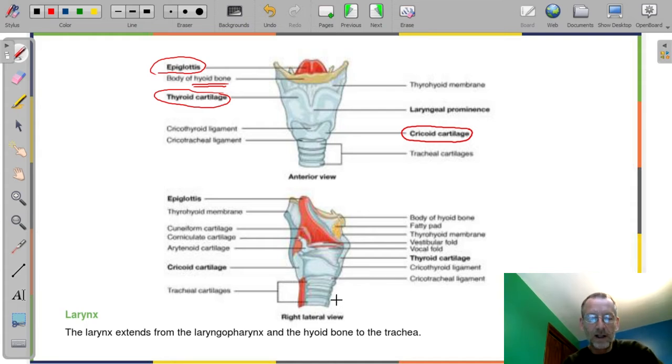This view, again, apologize for being a little fuzzy, is the larynx with a mid-sagittal cut. So you're looking in at the left side, anterior and posterior for orientation. This is the cricoid cartilage, and it goes all the way around.